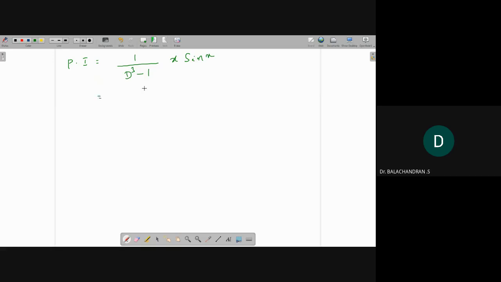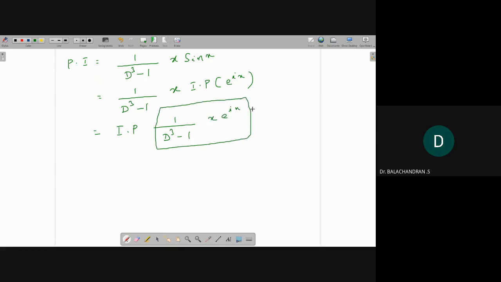So you can write this is 1 by d cube minus 1 x into imaginary part of e power ix. Okay, this is equal to imaginary part of 1 by d cube minus 1 into x into e power ix. So this is the type 4.